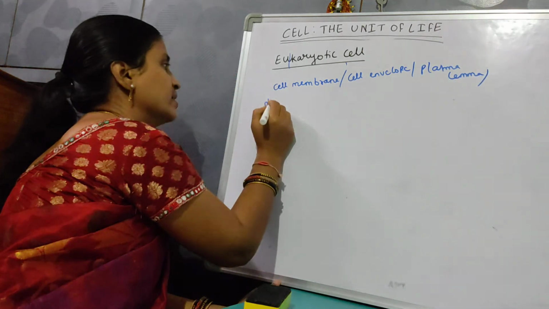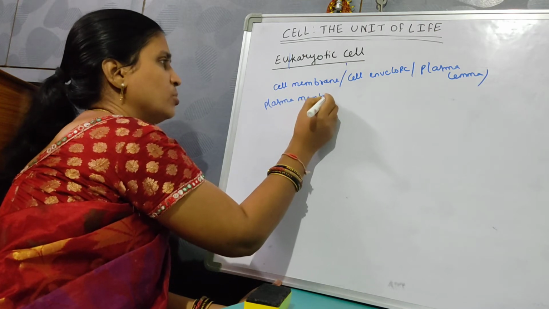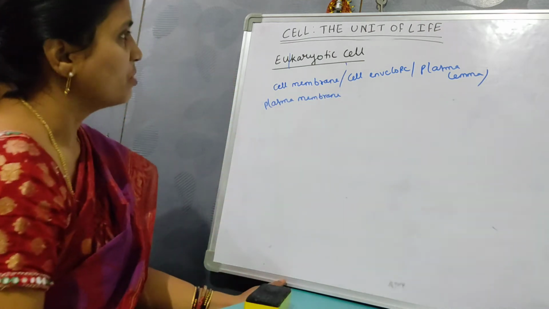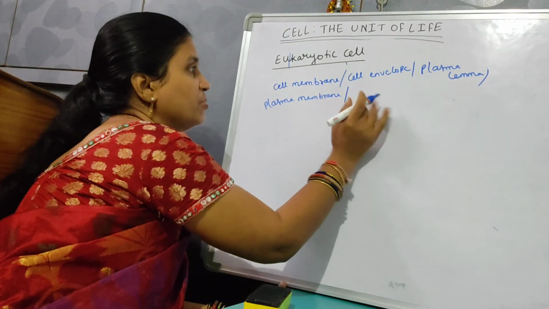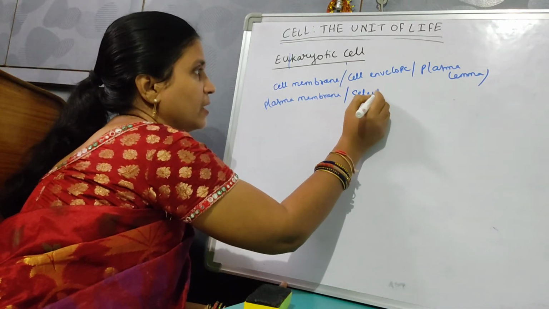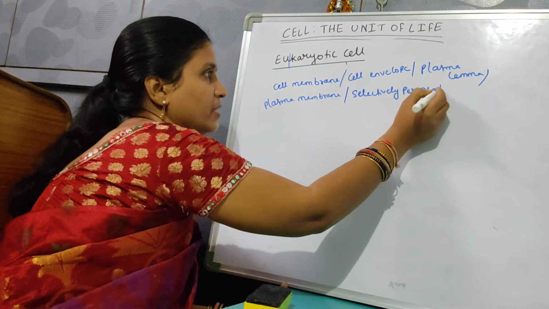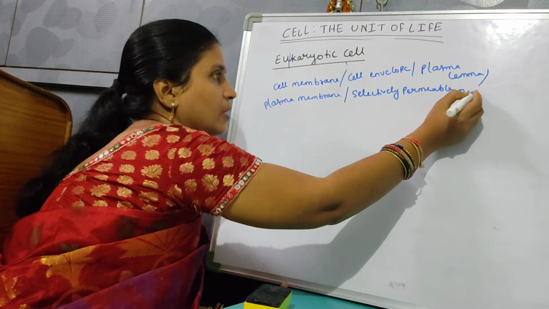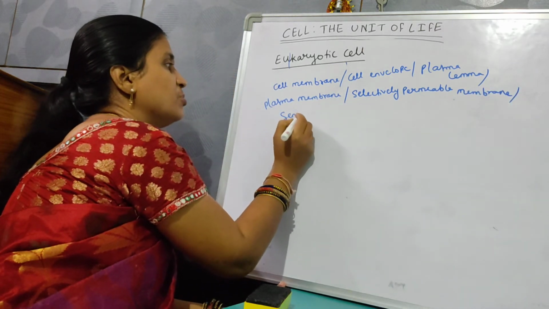Or it is also called the plasma membrane. So many terms are there, okay? The plasma membrane, plasma lemma, like this. It is a selectively permeable membrane, or you can call it a semi-permeable membrane.